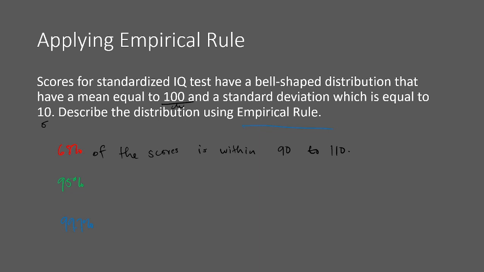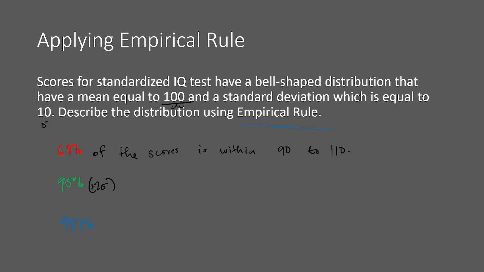The same applies for our 95%, where we use plus and minus 2 sigma. We just need to add and subtract 2 sigma to our 100 to get our range. Since ang sigma natin ay 10, we will have 2 times 10, which is 20.